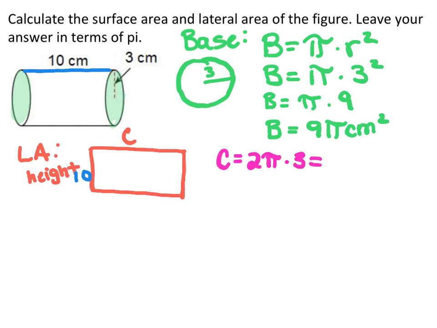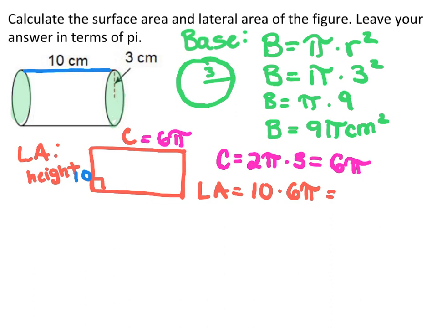Multiplying 2 and 3, leaving it in terms of pi, the circumference is 6 pi. Since the lateral area is a rectangle, lateral area equals base times height, so 10 times 6 pi. Treating pi as a variable, 10 times 6 is 60, so my answer is 60 pi centimeters squared. So my lateral area is 60 pi.